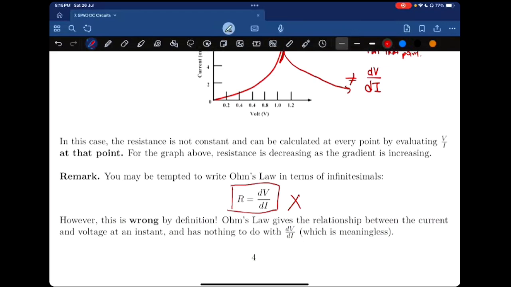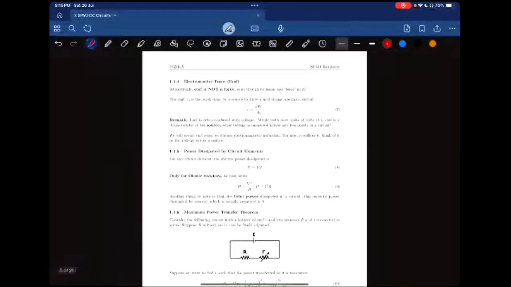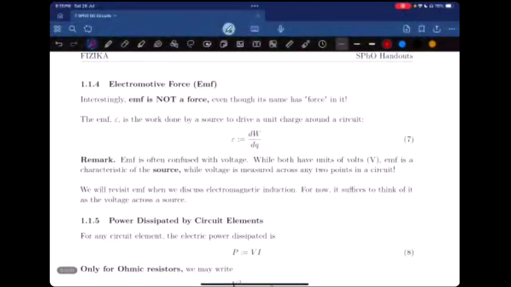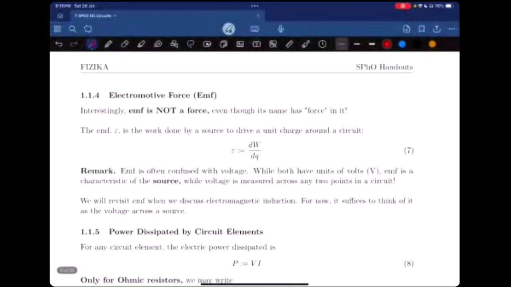So okay. We will move on to talk about the EMF. Now you write it in terms of infinitesimals.